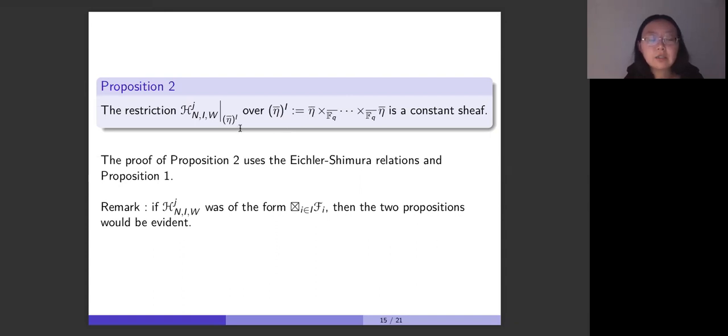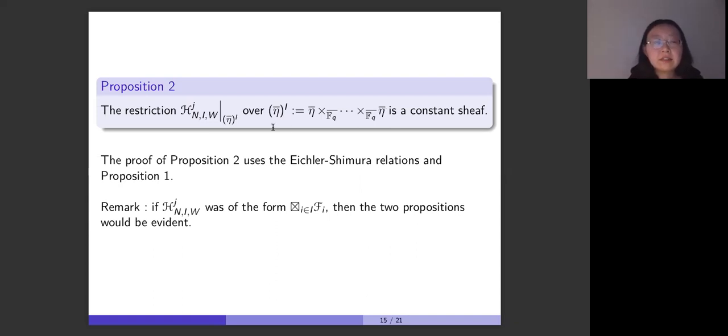The restriction of the relative cohomology sheaf on this integral scheme: we take eta bar times eta bar over F_q bar. This one is an integral scheme, and we restrict the relative cohomology sheaf on this one. It is a constant sheaf.